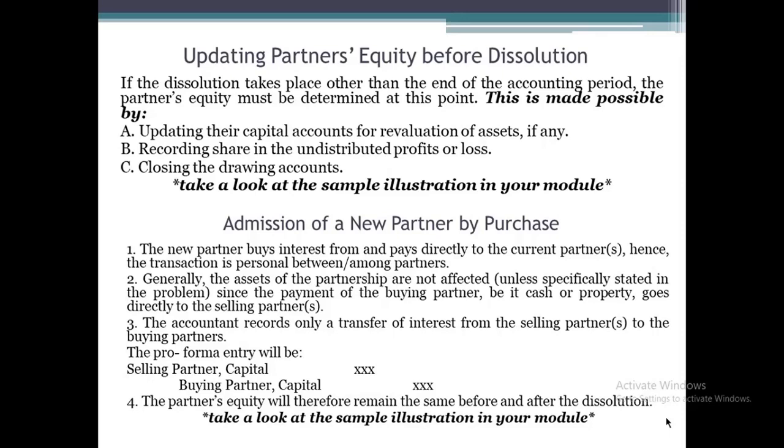Ayan. Recording share in the undistributed profits or loss. Like for example, meron kasi tayong tinatawag na reserve income or ito yung mga contingent or yung mga nasa retained earnings or reserve retained earnings, yung mga ganon. Like for example, meron silang na-generate in 1 year na 500,000 yung partnership.